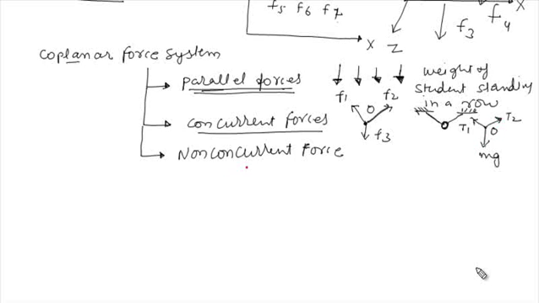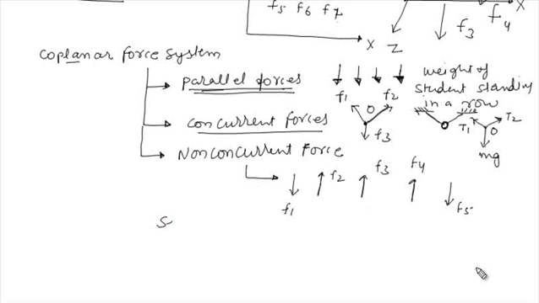Similarly, coplanar non-concurrent forces means the lines of action of all the forces will be in a single plane, but will not pass through a single point. So all these forces F1, F2, F3, F4 and F5 are lying in the same plane, but their lines of action are not passing through a single point. That's why they are called coplanar non-concurrent forces.